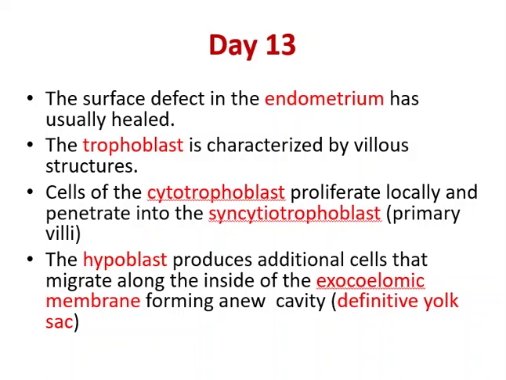Also, the hypoblast produces additional cells that migrate along the sides of the exocoelomic membrane, forming a new cavity. And this cavity is now called the definitive yolk sac.